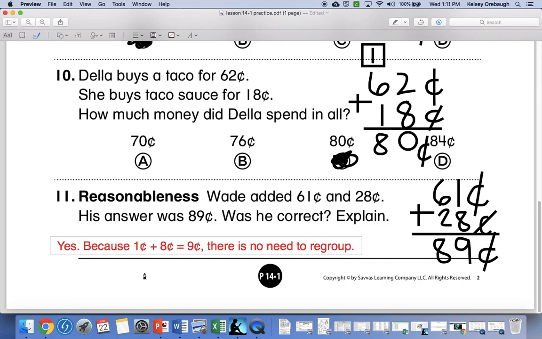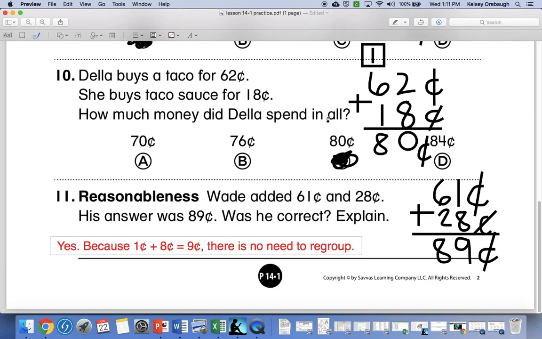There's my explanation. Wade is correct. He did not need to regroup because he had 9 cents in the ones place, which is less than 10, and he perfectly added his ones and tens together, and he included the cent symbol. Perfectly correct.